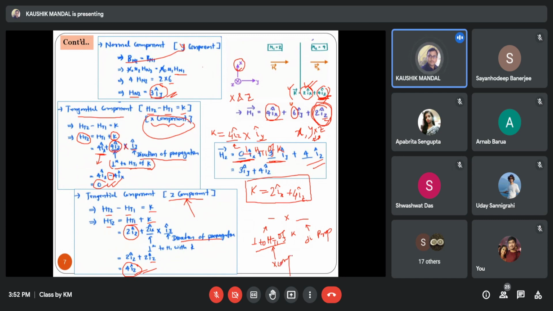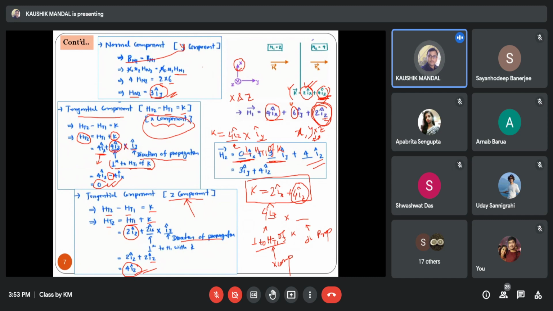For the X component, which component is perpendicular? When you determine the X component, Z is the component which is perpendicular. So what is the Z component in this equation of K? That is 4iz.